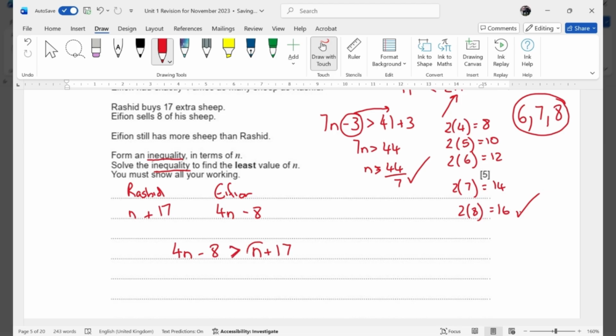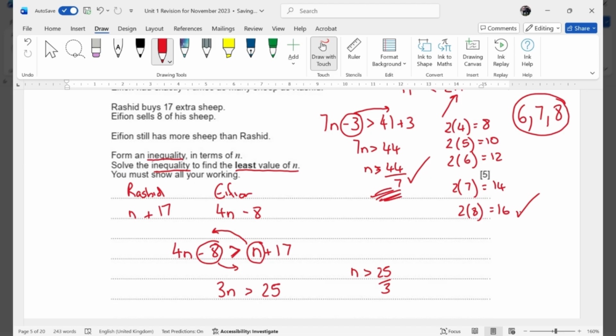That allows you then to bring the n's this side and the numbers the other side. So we take that n away from 4n and get 3n, and add that 8 onto the 17 and we get 25. Then we can divide that 25 by 3, and just like I said, stop there. n is bigger than that. But then it says, find the lowest n can be.